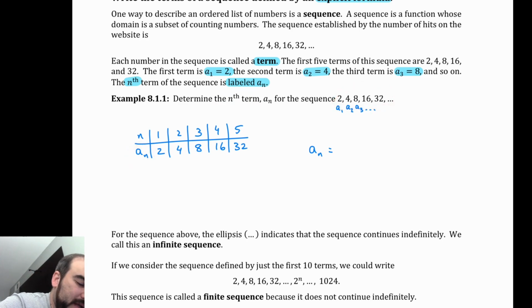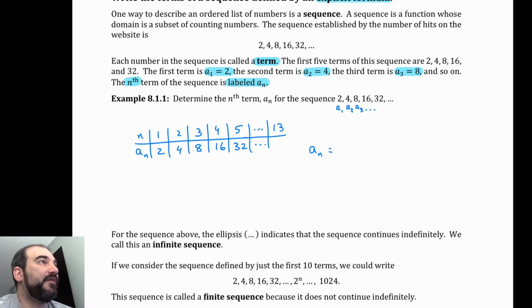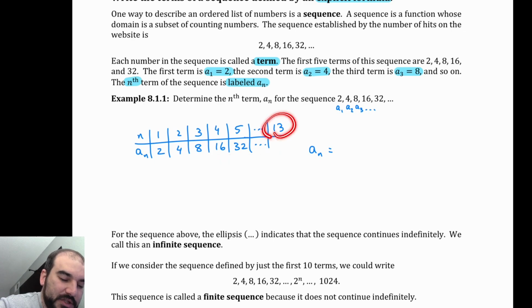If I wanted to find the 13th term of the sequence, I don't have to find all of the terms before it. I can just plug in 13 into an equation and get this value for the 13th term, right?